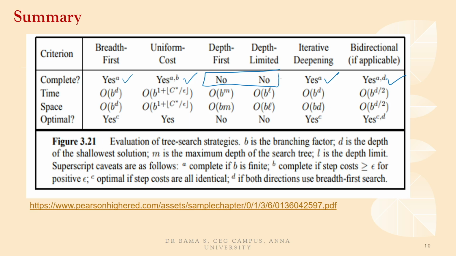For time, BFS and uniform cost search are very similar to D, except C by E; if there is no edge cost, then it is D. Depth first and depth limited have time cost where M is the maximum depth and L is the limit, L less than or equal to D. Iterative deepening is very similar to BFS, and bidirectional is exactly half. The space is also very similar.